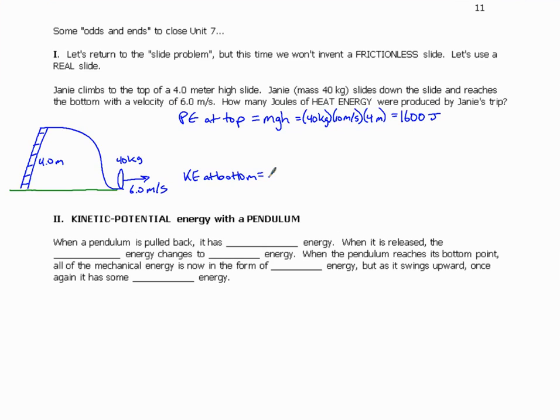So let's look at the kinetic energy at the bottom. We can do this. We have all the numbers. 1/2 times the mass times the velocity, and we're going to square the velocity. This ends up 720 joules.